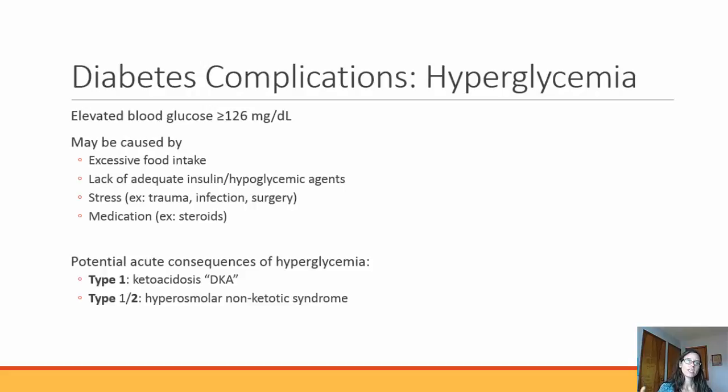Again, if you are taking insulin or diabetes medication, we've really got to time this with our meals and with our exercise. High blood glucose can also be caused by stress or by certain medications. Pretty much anyone who's in the hospital is going to have high blood glucose because your body is under stress, and one of the natural responses to that is to increase blood glucose.